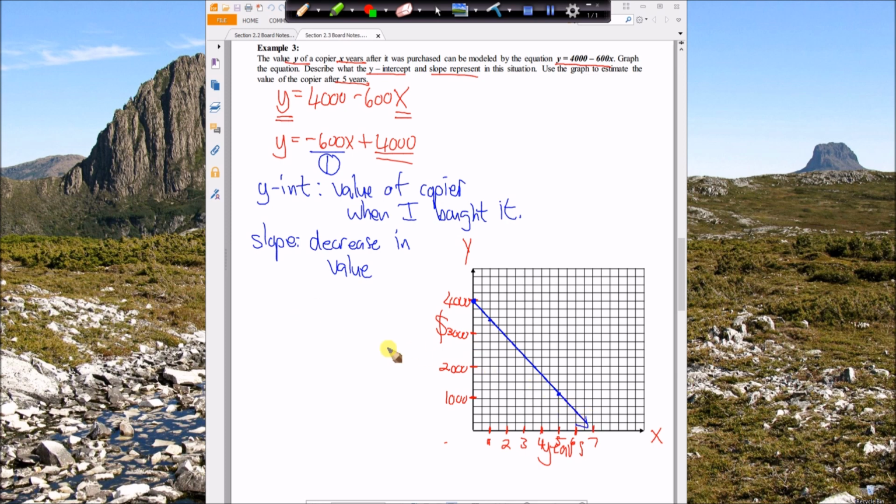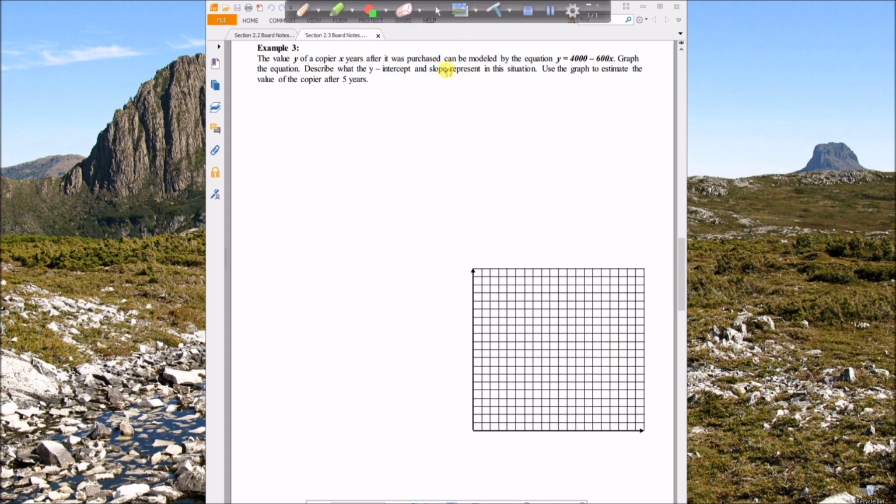But on my graph, after 5 years, the value looks like about $1,100. Okay, pretty close, we're estimating on the graph. All right? Okay, so rate of change we did last time.